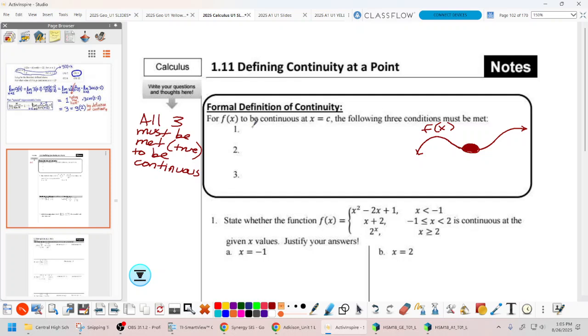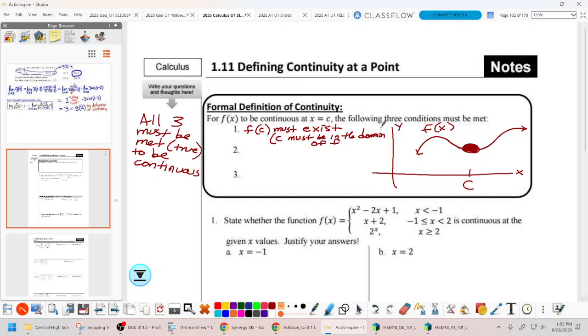So here are your 3 criteria. We're going to use C for the point where we're analyzing continuity. So some random x value C. So for f of x to be continuous at that point, at x equals C, f of C must exist, which means C must be in the domain of f.